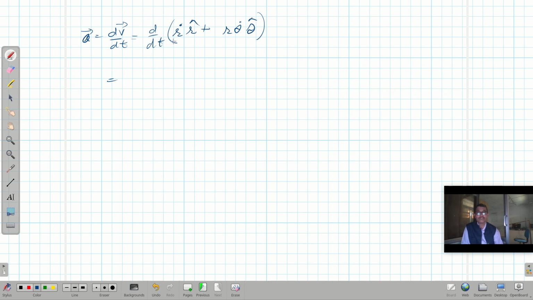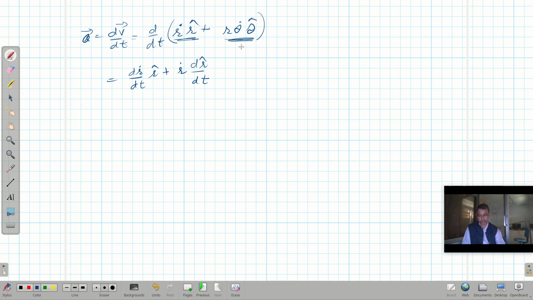It is r double dot r cap plus r dot dr cap over dt. This is its derivative with respect to time.